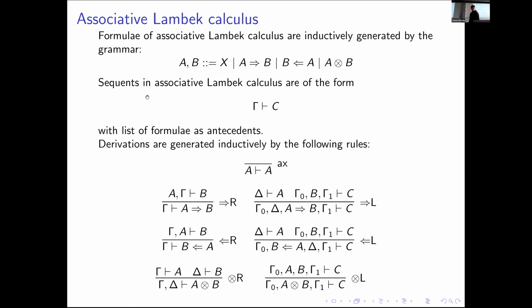Here are the derivations for this calculus, with one axiom rule, and one right introduction rule and one left introduction rule for each connective.